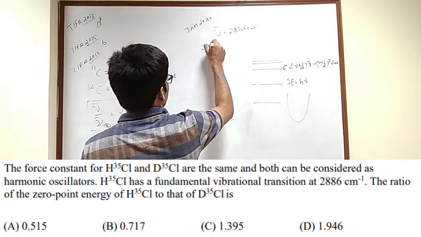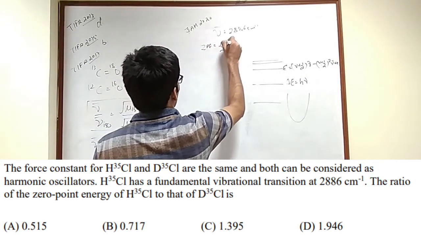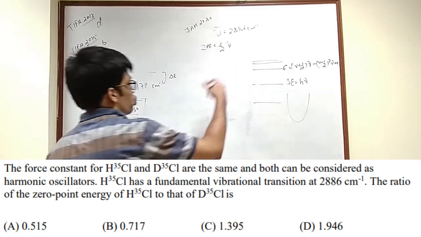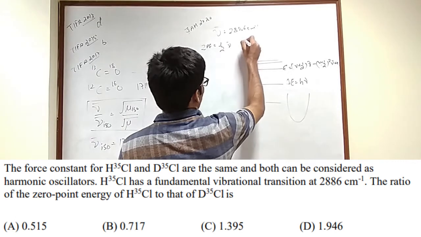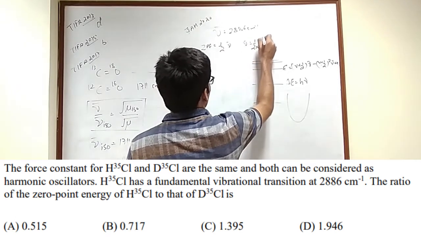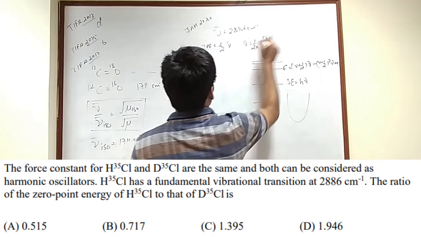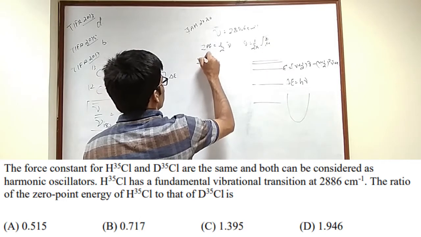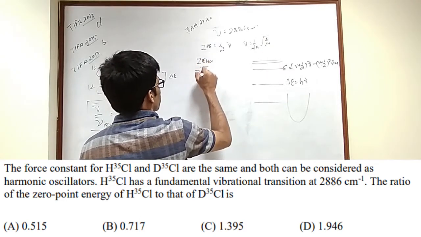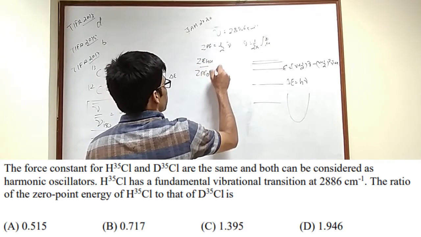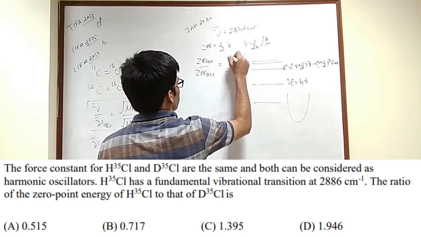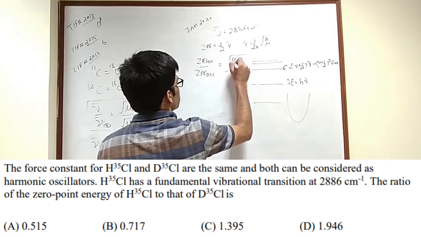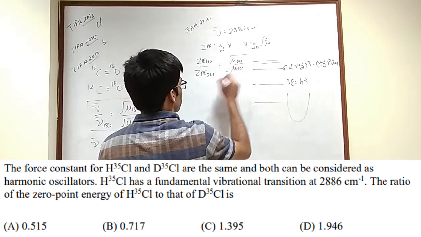Now zero point energy is half h nu, which is replaced by half h c nu bar. Now we know nu bar is 1 by 2 pi times the square root of k by mu. So the zero point energy of HCl by zero point energy of DCl is going to be an inverse relation under the root. That means mu DCl by mu HCl.